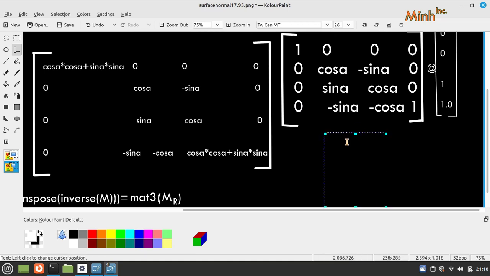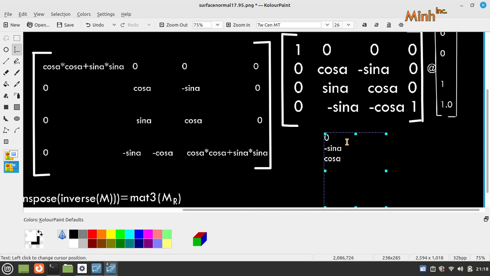First row of the matrix and first column, if we multiply, then it will become 0. Next, if I multiply, then it will become minus sin A. Next, if we multiply, then it will become cos A.